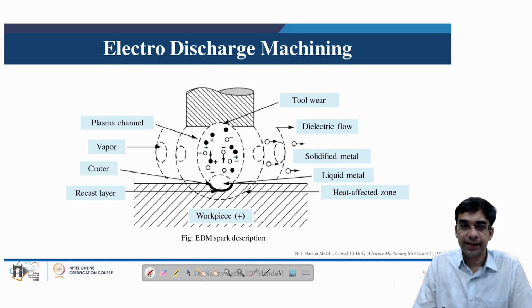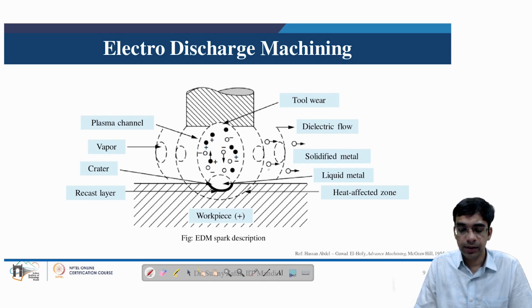So electrons, as they are more mobile because of their less mass, travel quickly from the negative terminal towards the positive terminal, and by doing so they carry high kinetic energy. Upon impacting the workpiece, of course the plasma also has high temperature, the material gets removed, and the removed material gets solidified as it comes in contact with the surrounding dielectric fluid.